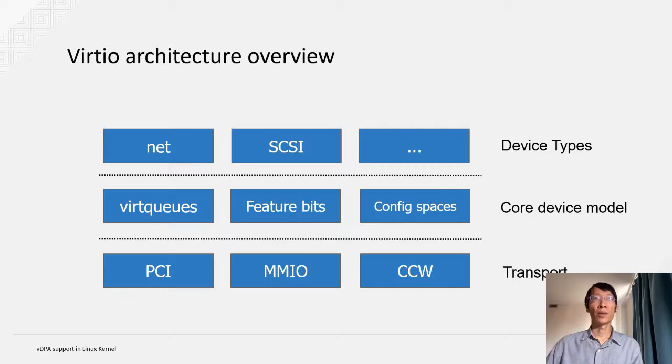And the lower layer defines several transports, which tie the device type to an actual bus. So the spec defines PCI transport, MMIO, and CCW transport.